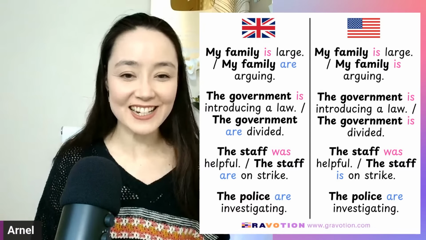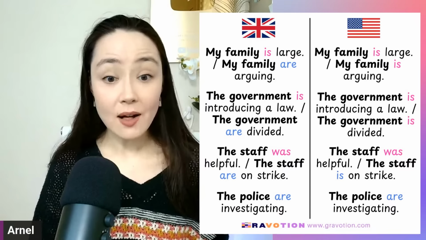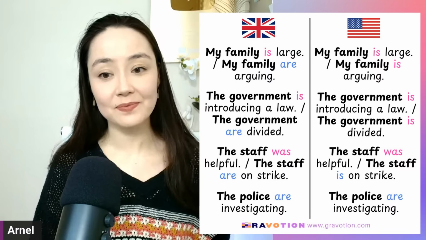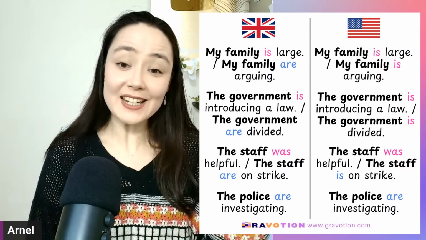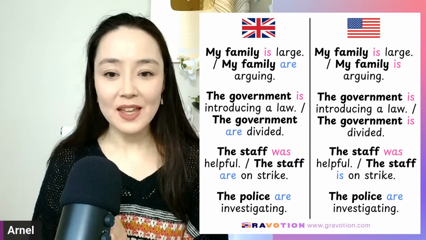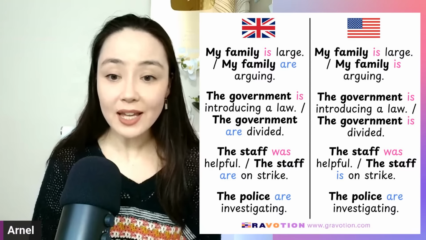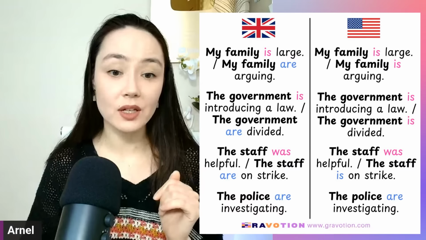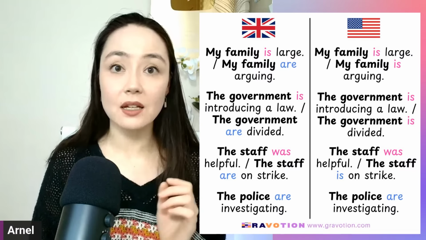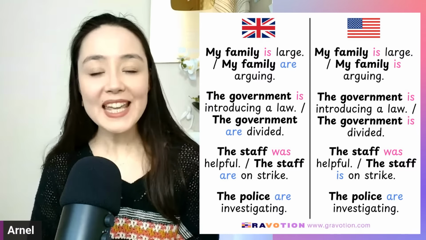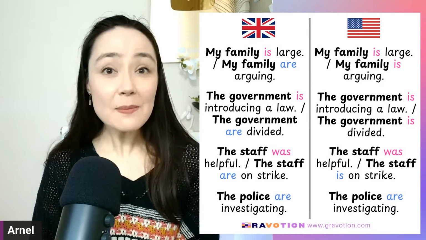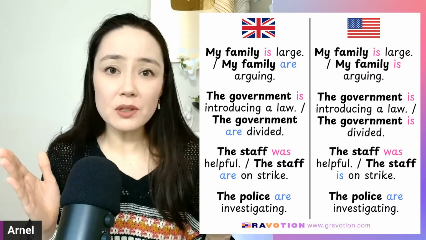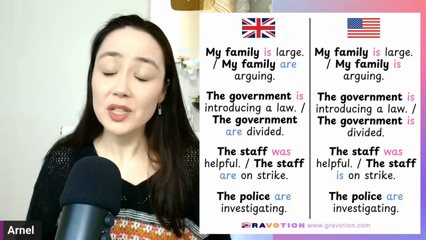Back to British English. The staff was helpful. The staff are on strike. American English. The staff was helpful. The staff is on strike. And police is plural for both. The police are investigating. Keep this in mind. If you don't know which one to choose, singular or plural, always go for singular. You'll never be wrong.